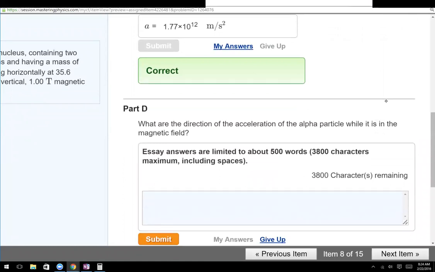What's the direction of the acceleration? When you have something moving in a circle, the acceleration is always towards the center of the circle, as we covered in circular motion last semester. Something is pulling it towards the center to keep it going in a circle. If you let go of the rope you're swinging around, it would fly off in a straight line, tangent to the circle.